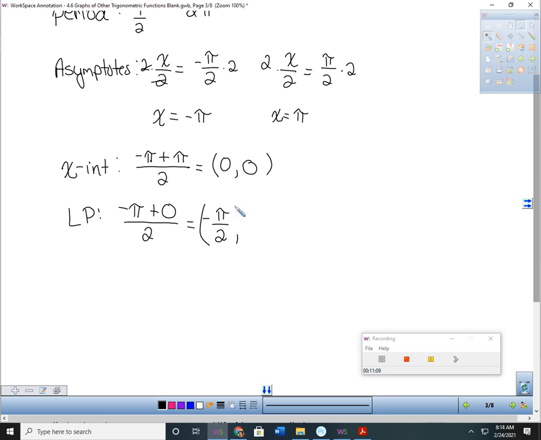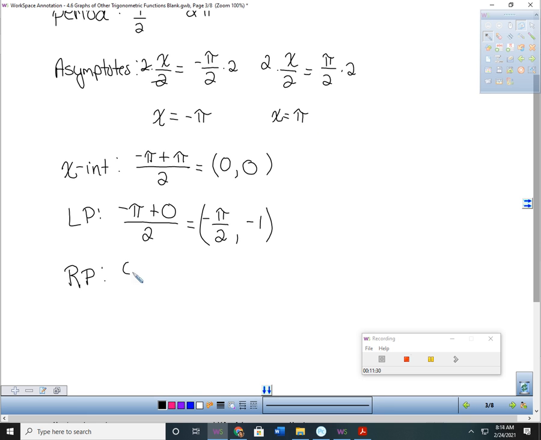Now, normally I would go down 1 on the left, right? I didn't multiply by anything that would need to stretch or shrink that, so that will stay a negative 1. My right point, which I will abbreviate as RP, is halfway between the center and my right asymptote.